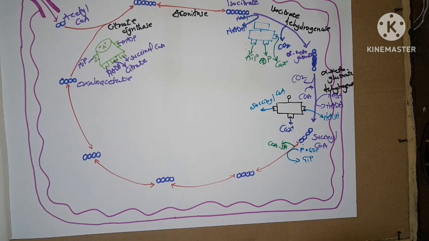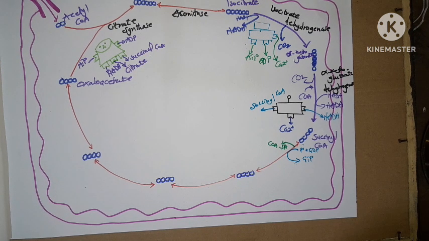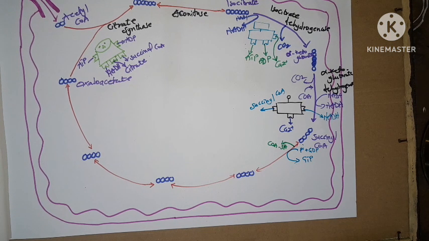Yes. And when GDP plus inorganic phosphate forms GTP, ADP will come and take the phosphate from GTP to form ATP.